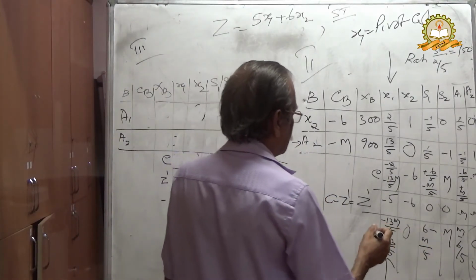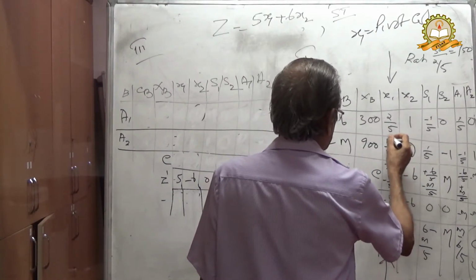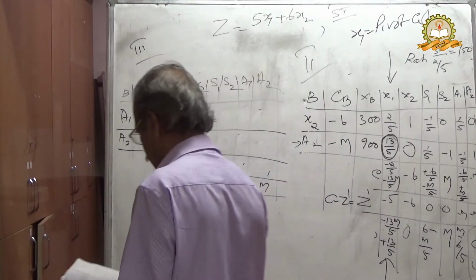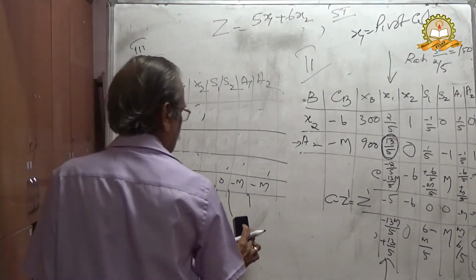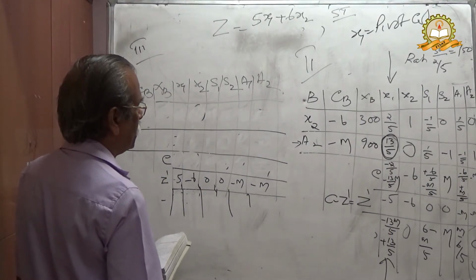And the pivot number is, at x2 and A2, 13 by 5. You can note down, the pivot number is 13 by 5.